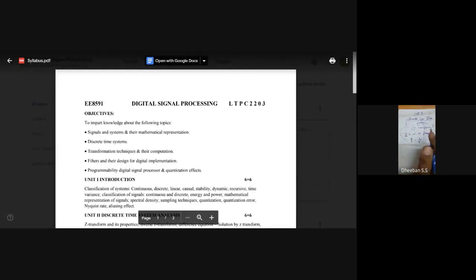In this unit, we'll be seeing the properties of the Z transform. Then we'll be dealing with some Z transform problems. Whatever properties we have studied with respect to a signal or a system will be repeated in this unit, but with respect to the Z transform.